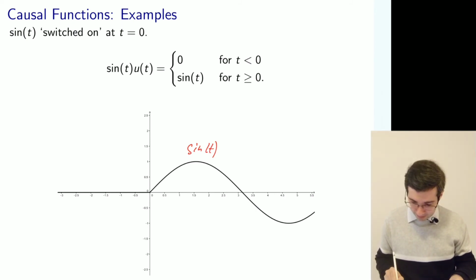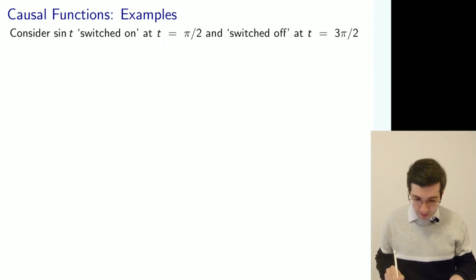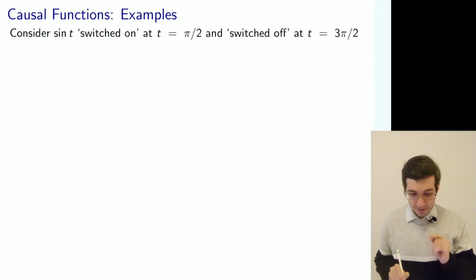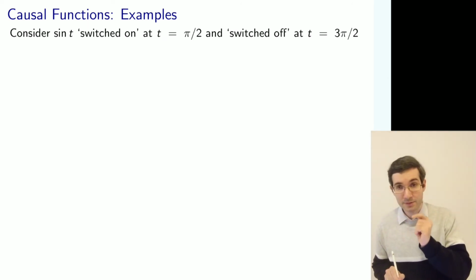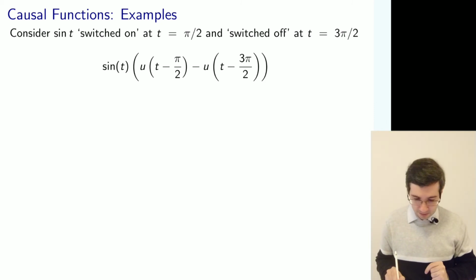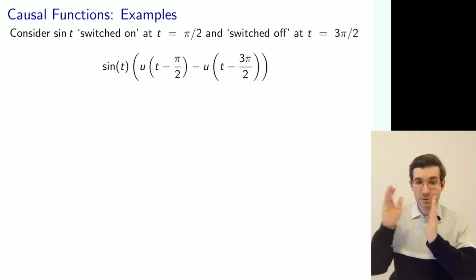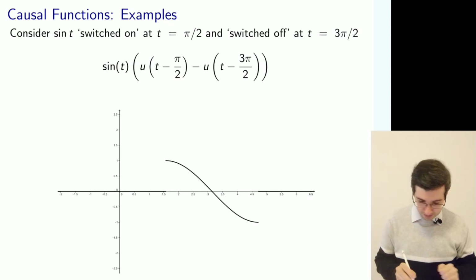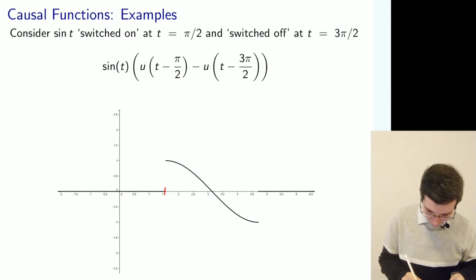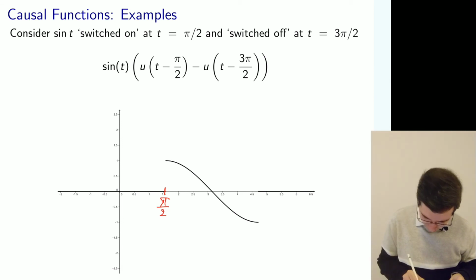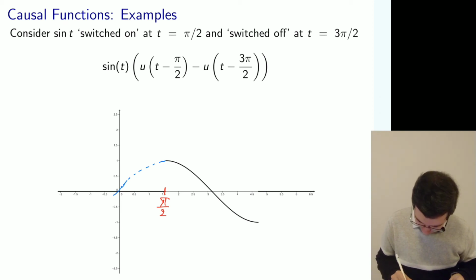Now, if instead we want to switch it on at a later time and then switch it off again at an even later time, then we have that expression. So here we have pi over 2. So that would be how your sine function would look if you wouldn't switch it off or on.